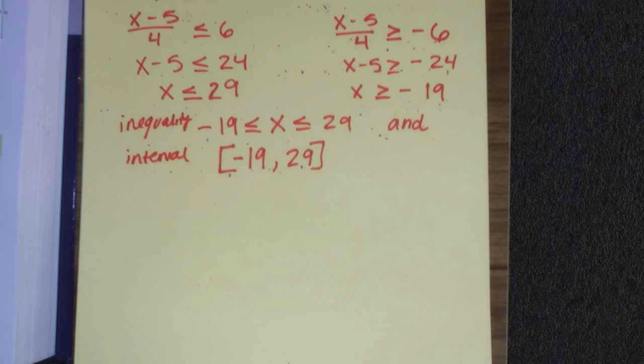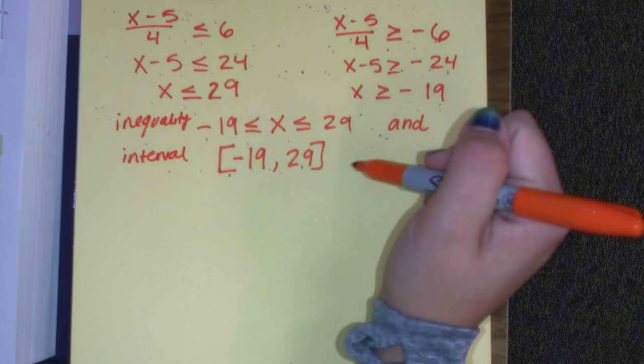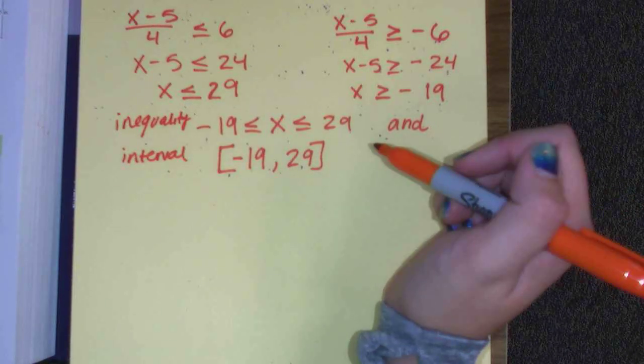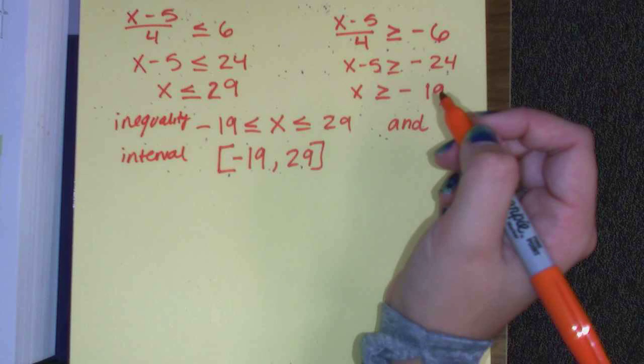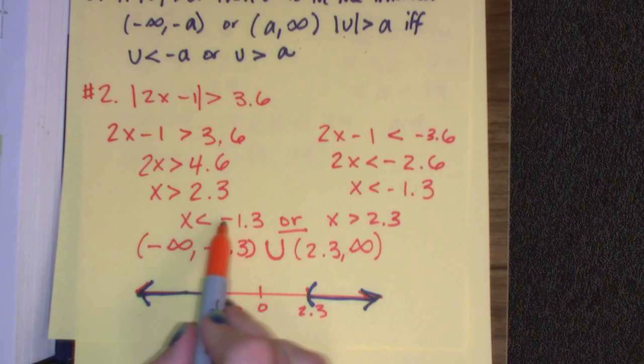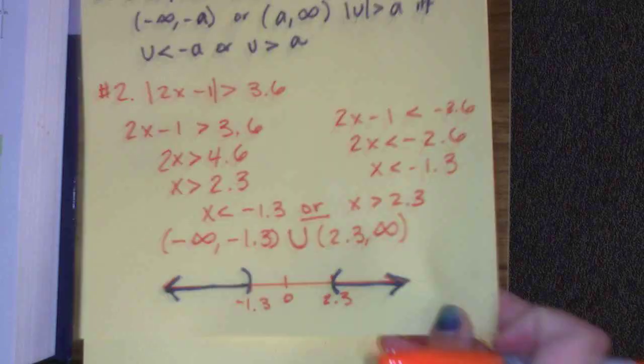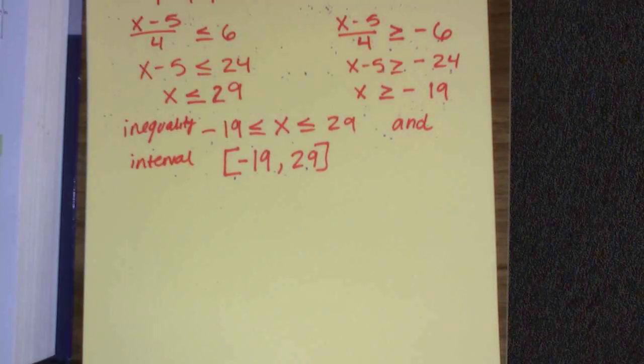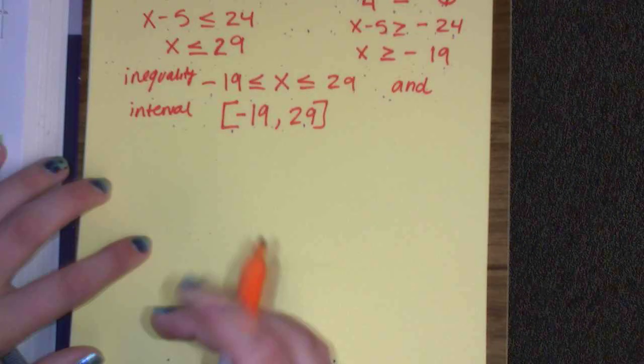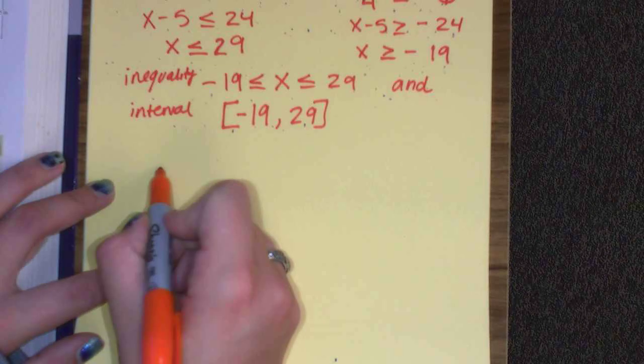If it doesn't specify, it's interval notation, always. Yeah, we did it right here. That's how ORs are always written. Alright, so graphing this, what does my graph look like then?